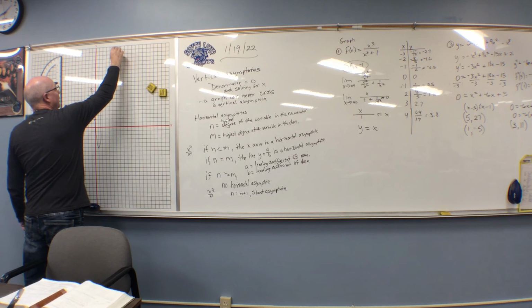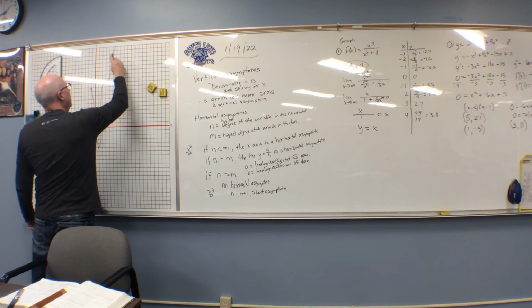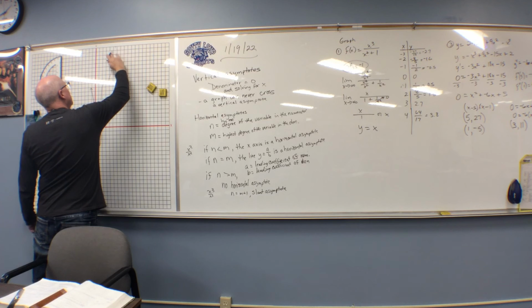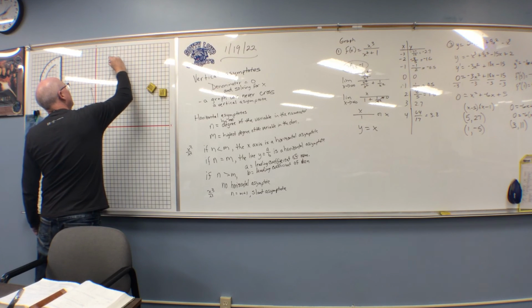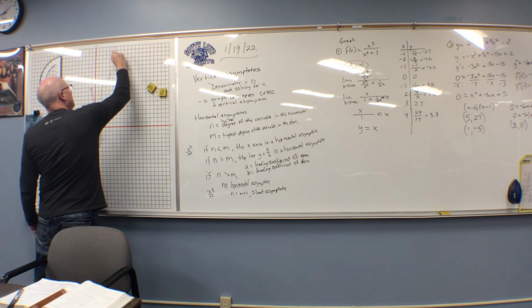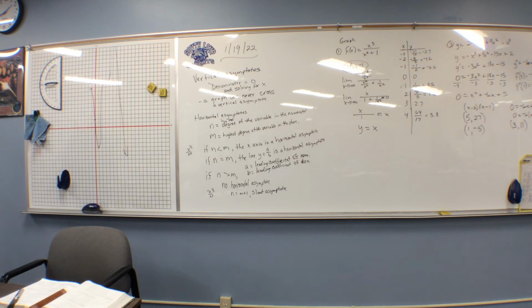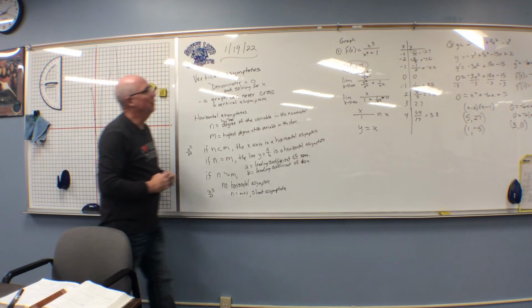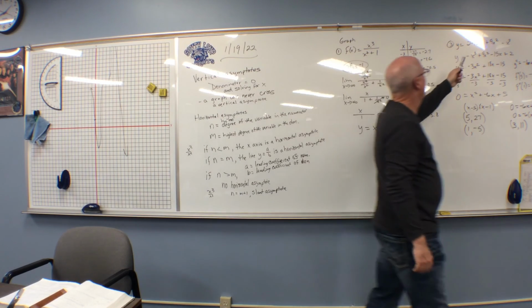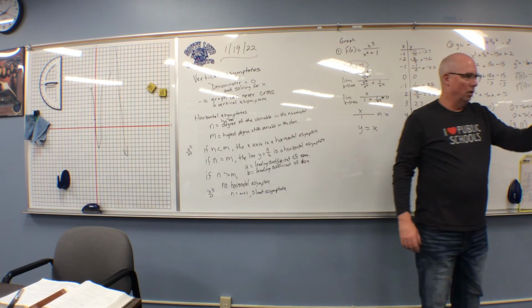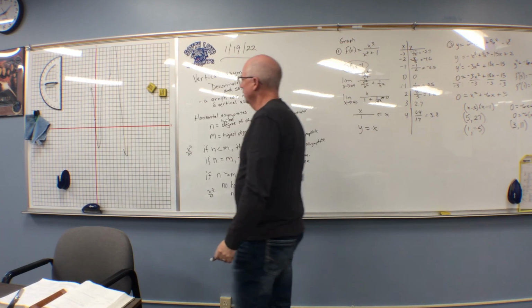So it's gonna come off my graph at 527, so goodness, it's gonna go way up there, and then it's gonna come back down, and then it just drops. Okay. But where does it touch the x-axis? We would have to put this equal to 0 and factor it, right? But I'm not concerned about it. You look on your graph and tell me approximately where it touches the x-axis.